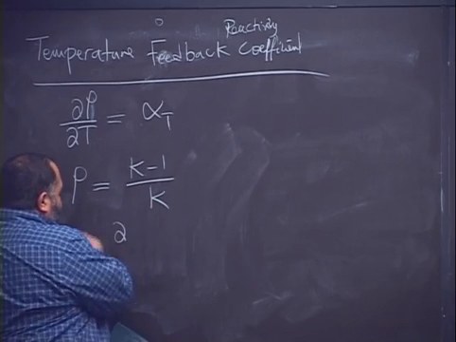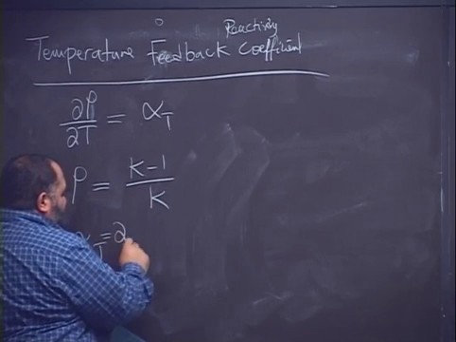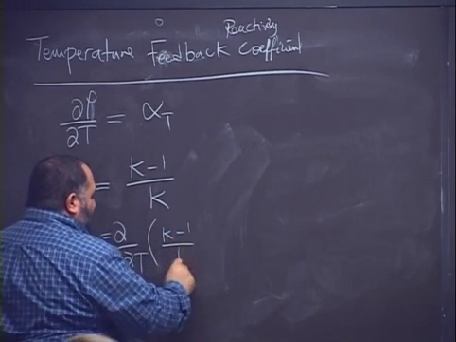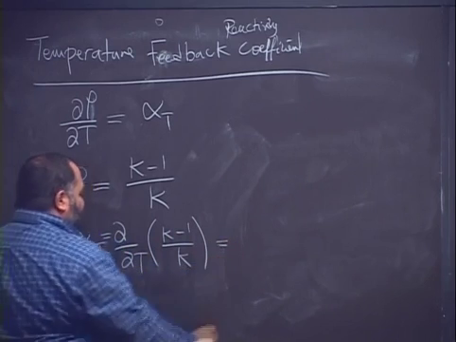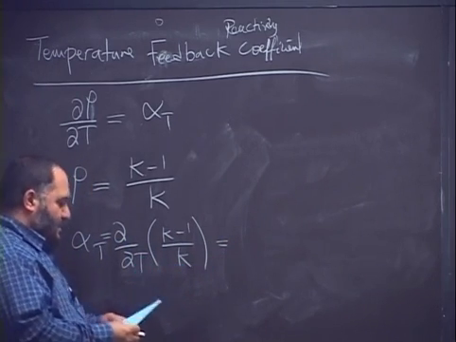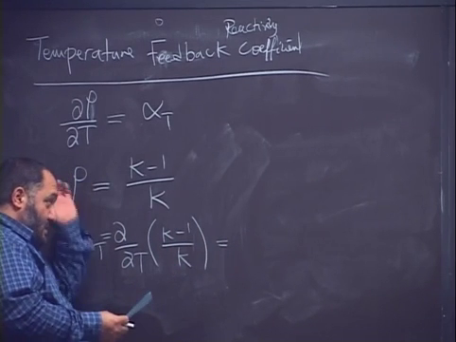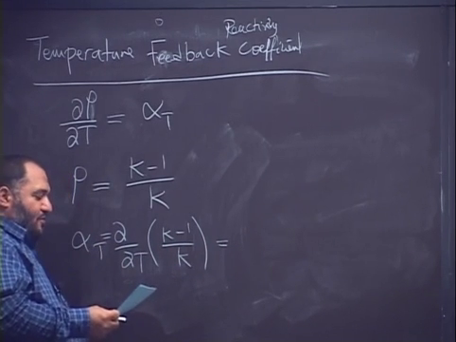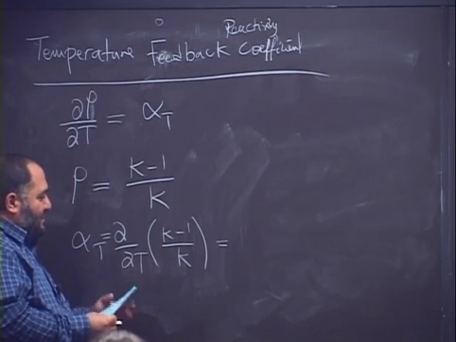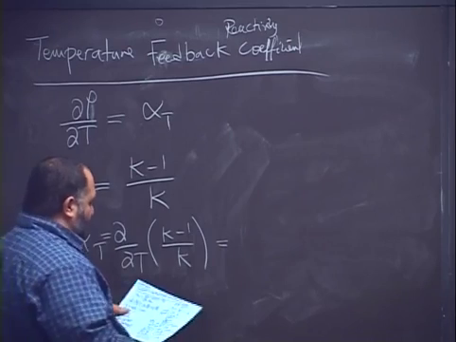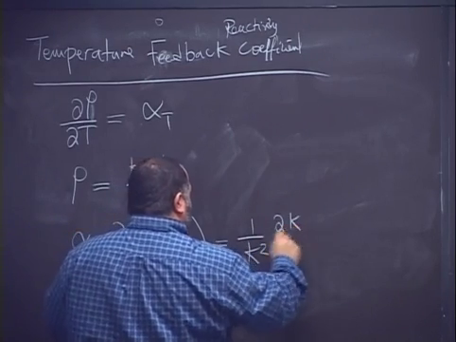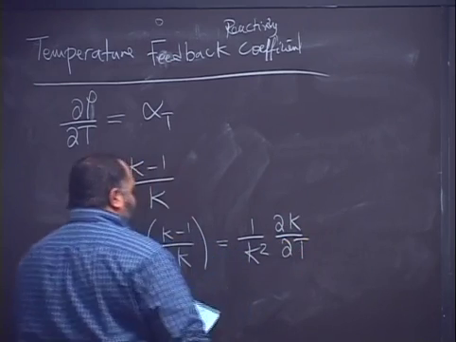So alpha T will be just d by dt of K minus 1 over K. If you do this, it will be 1 over K square dK by dt.